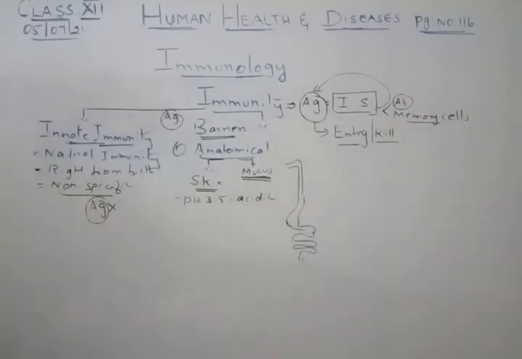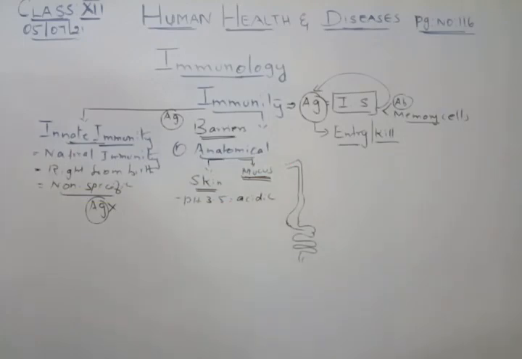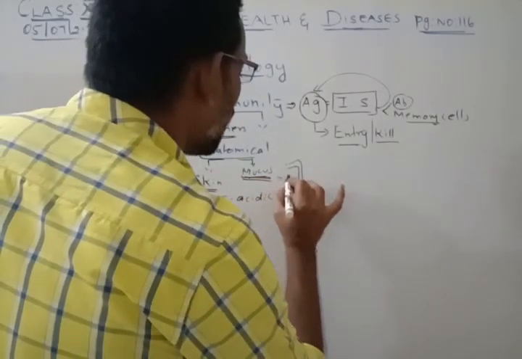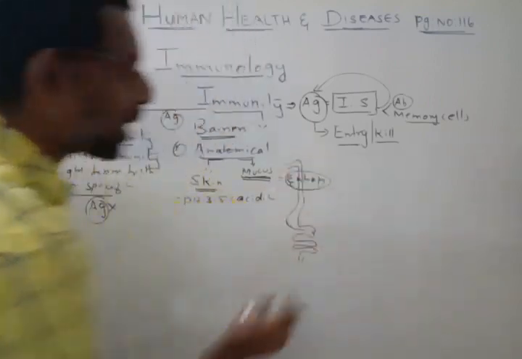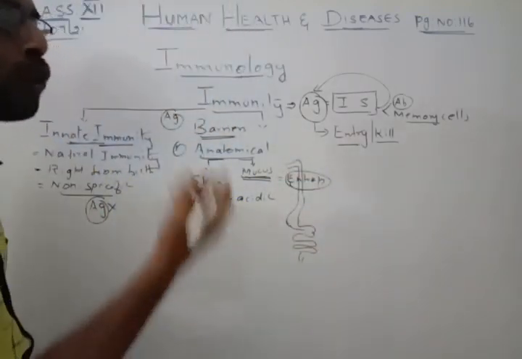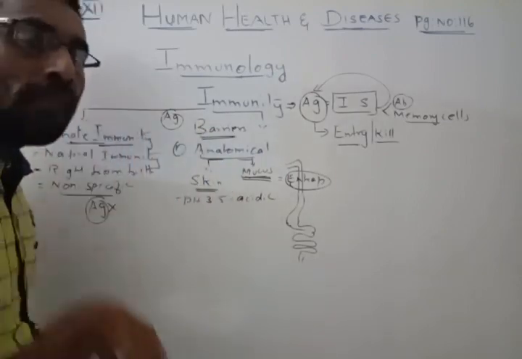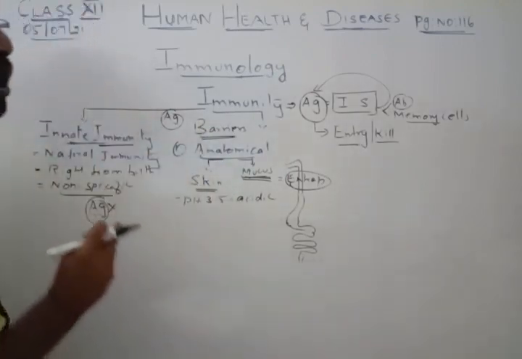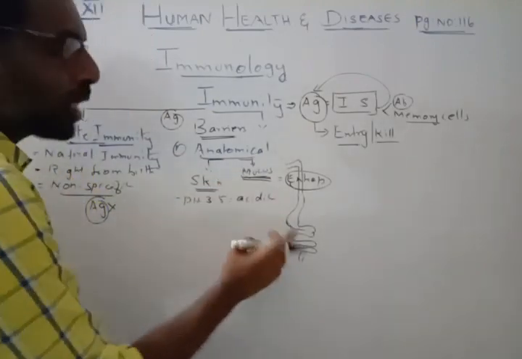This mucous membrane formed from the mouth to the anus has the role of entrapping microbes. Whenever microbes enter through the respiratory tract or through the food that we take, microorganisms unknowingly get inside. These microorganisms are entrapped by the mucus and thrown out.